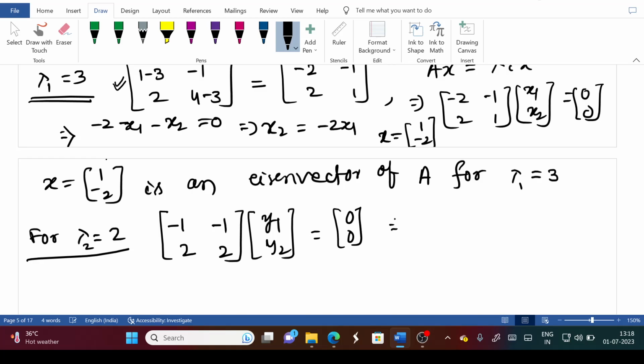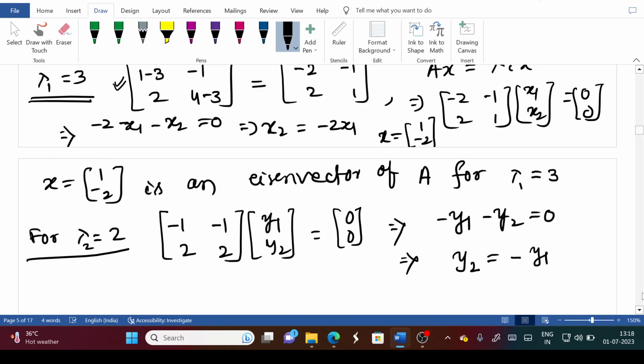So this implies minus y1 minus y2 is equal to 0, or y2 is equal to minus y1.